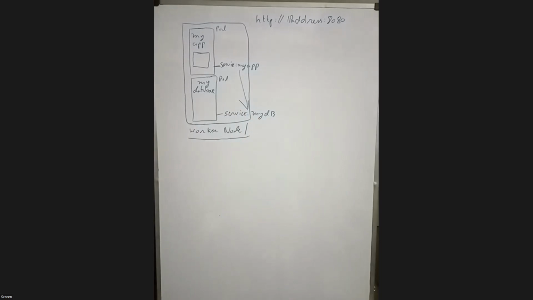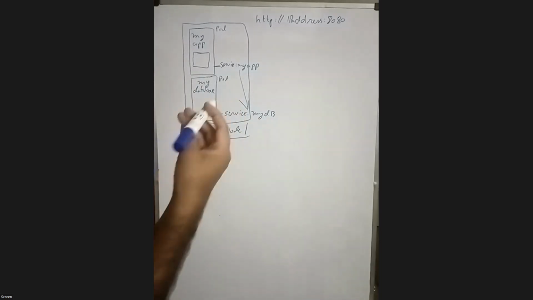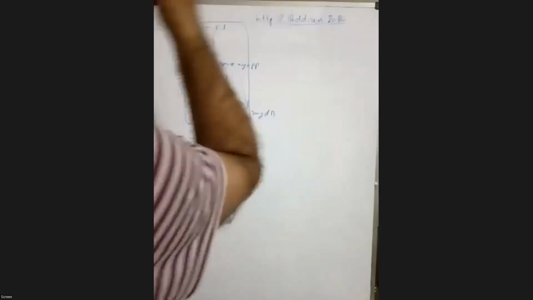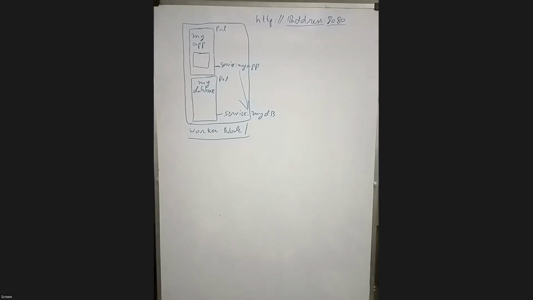The problem with service is service listens on IP address and port. In our testing environment, we can do the testing like this is the IP address and this is the port, and we can browse our application.